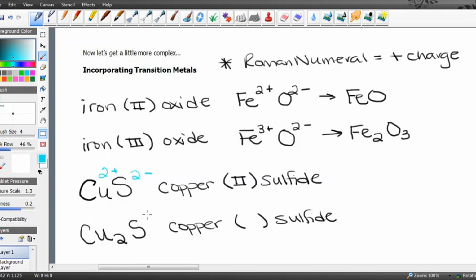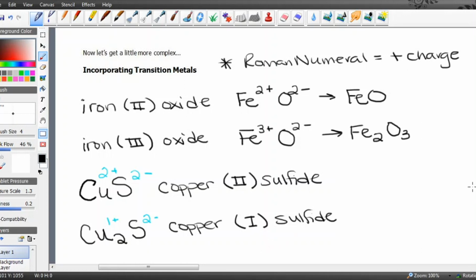Sulfur over here has a 2- charge, which means that the copper in this case has to have a 1+ charge, because there's 2 of them that are being used to balance out that sulfur 2-. So in this case, this is an example of copper with a 1+ charge. This is copper 1 sulfide.